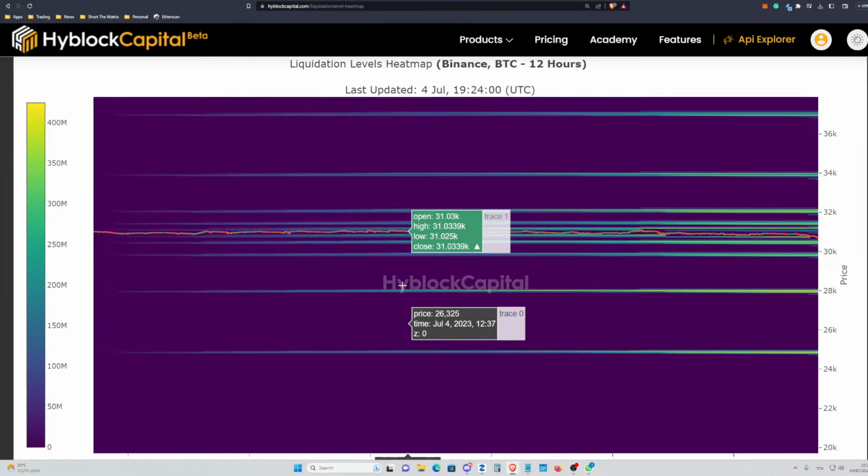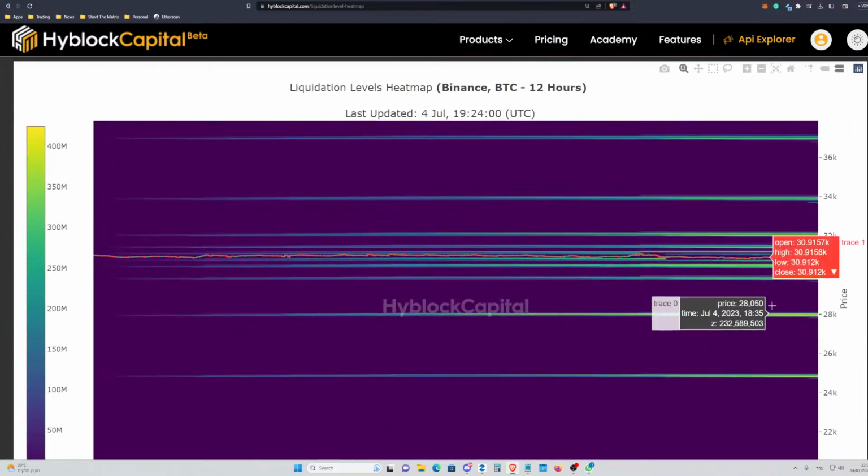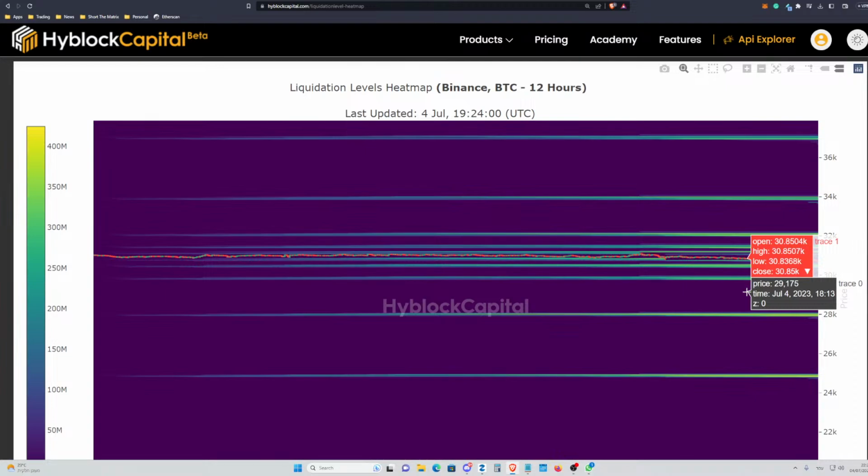And why is that? Because every time you open a long, you have a liquidation point below your position, depending on your leverage, of course. And every time you go long, you also set your stop below your entry, meaning you create liquidity for the market makers to grab.